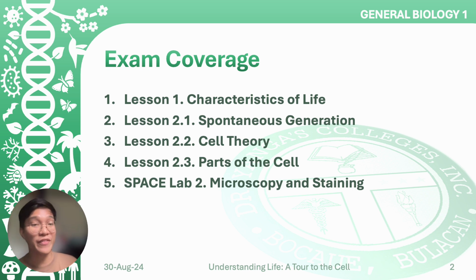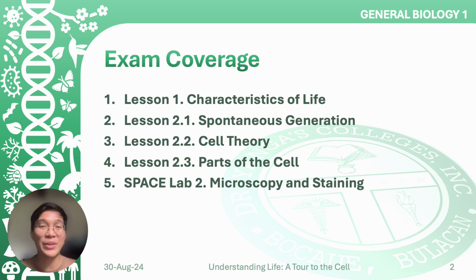We also have growth and development, and then sensitivity or response to stimuli. And we also have regulation, a way to maintain our internal balance, including energy processing. We need energy for us to move, to grow, and so on. And finally, living things evolve. They change in accordance to the changes in the environment.